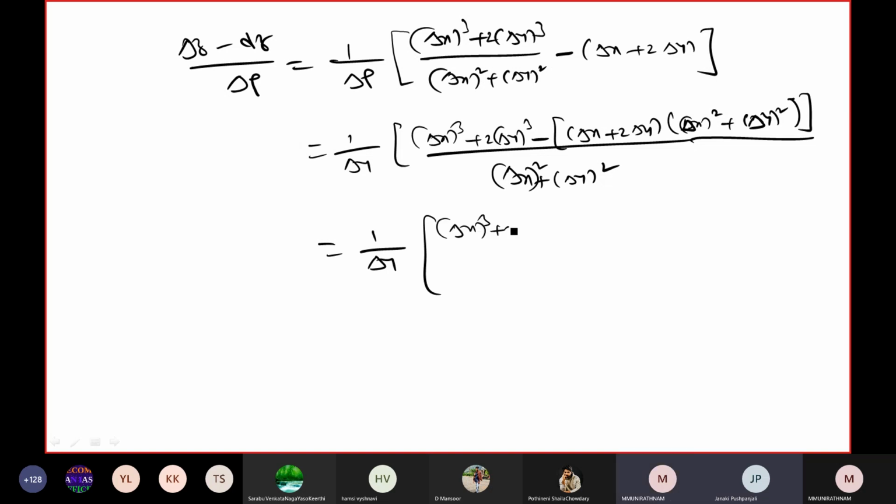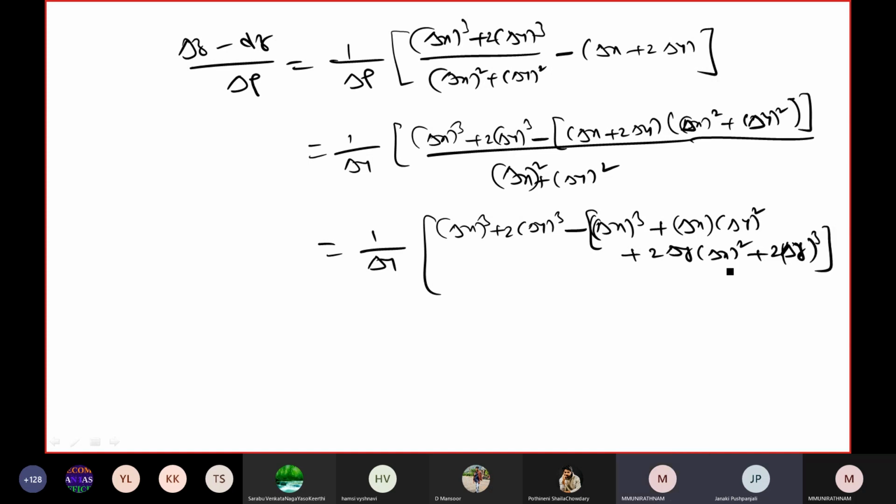Delta x whole cube plus 2 delta y whole cube minus delta x whole cube, delta x delta y whole square plus 2 delta y delta x whole square plus 2 delta y whole cube, multiplied whole by delta x whole square plus delta y whole square.